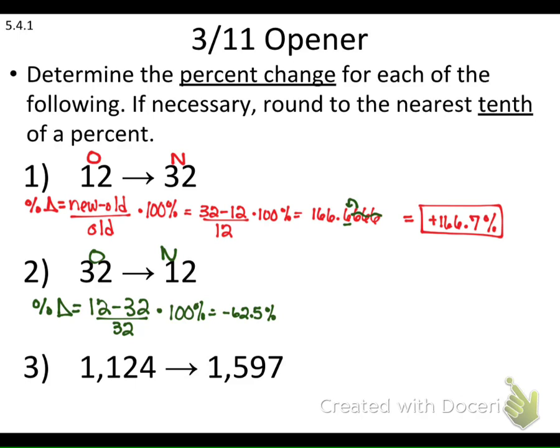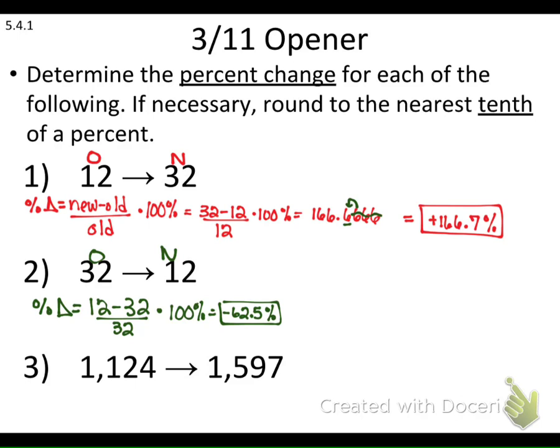Did anybody else type it in? All right. What am I missing? My box. So you guys did a nice job identifying that you need to have a percent sign in there. And also it's going to be a negative. So when we went from 32 to 12, it means it's going to be a percent decrease.